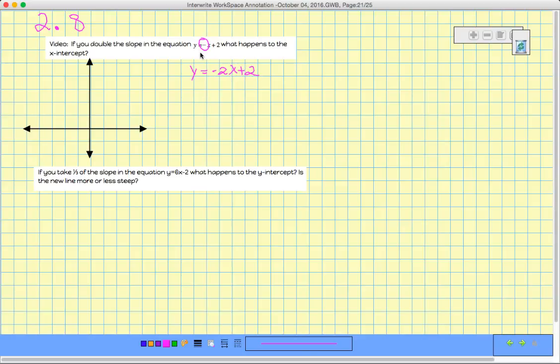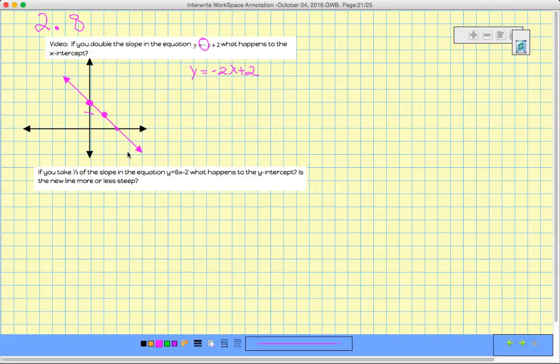Okay, so graphing the two lines, the first one started at positive 2, right here, and goes down 1 over 1, because my slope is negative 1. So down 1, right 1, down 1, right 1. Just like that.